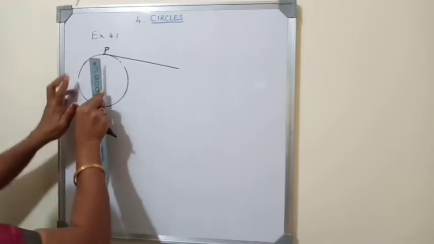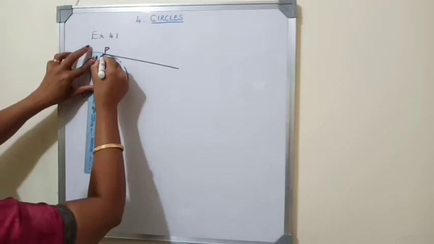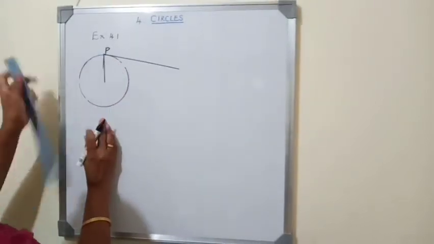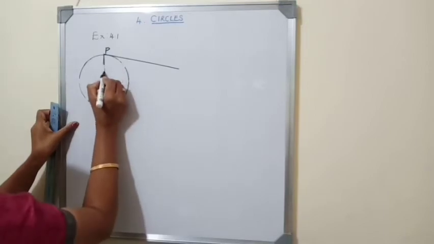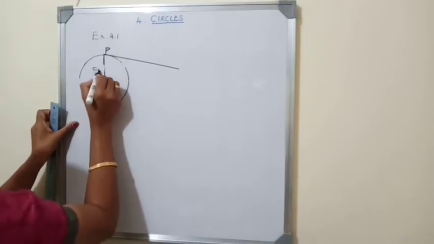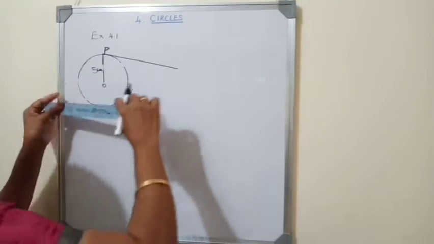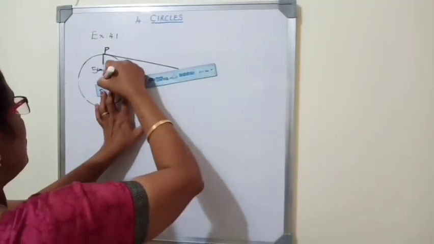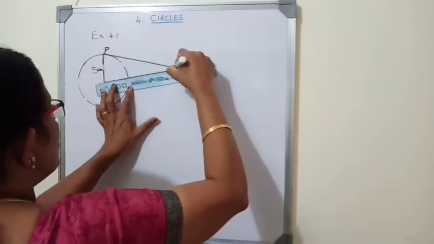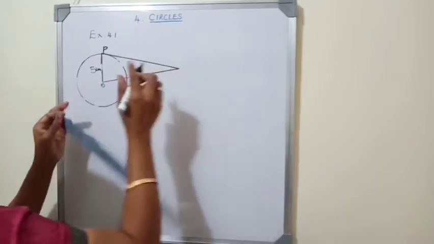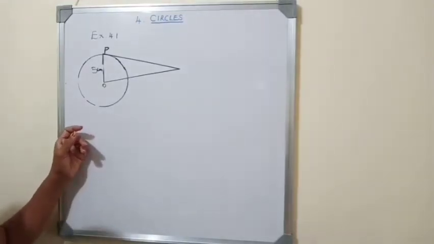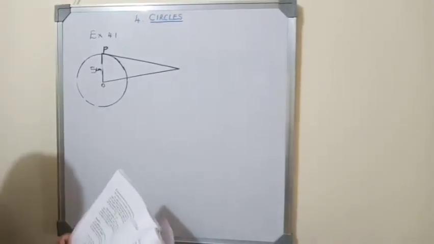Now, we will draw the radius 5 centimeter. Center of the circle is O, radius 5 centimeter. I'll read: a tangent PQ at a point.